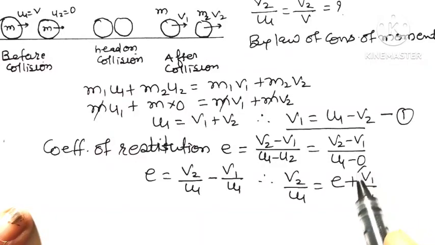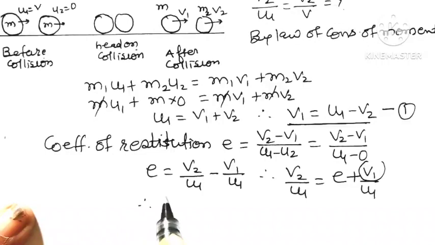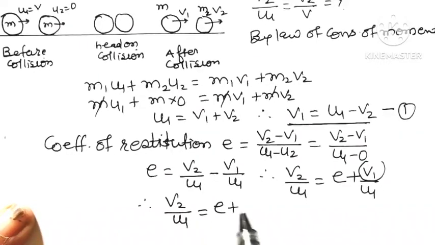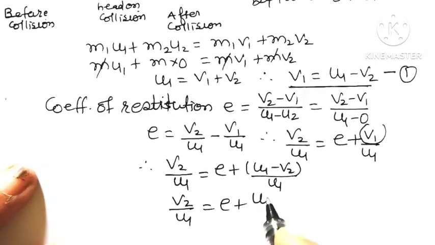Now put the value of v1 from equation 1. So we have v2 by u1 equal to E plus, in place of v1 we can write u1 minus v2, divided by u1. So v2 by u1 is equal to E plus u1 by u1 minus v2 by u1.